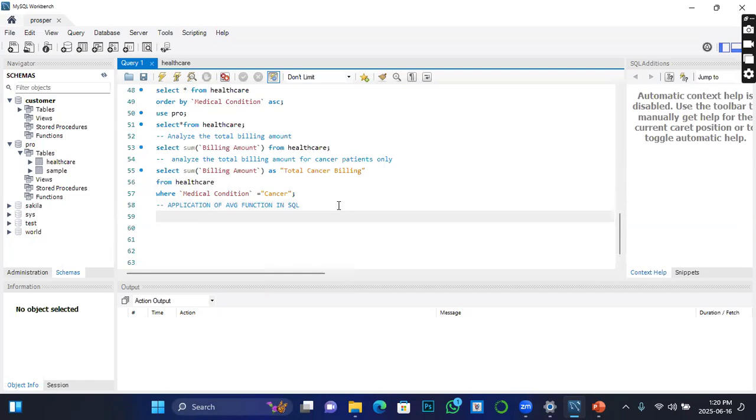Let's look at a live question. Which data are we working with? We have it under pro, right? Let me use pro first. Okay, so I'm in the pro database now.